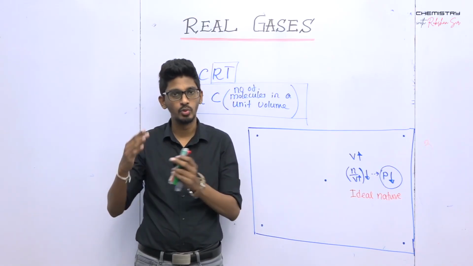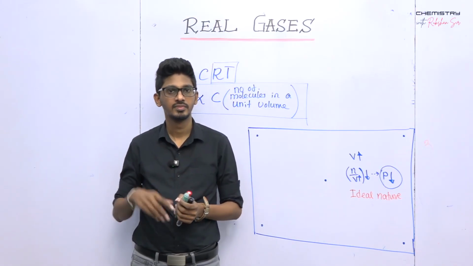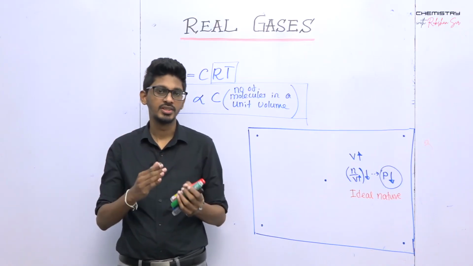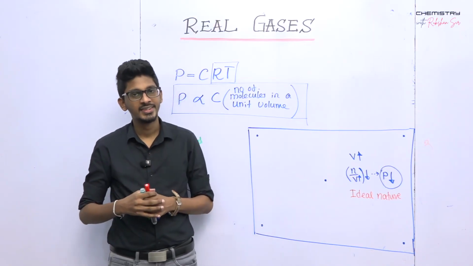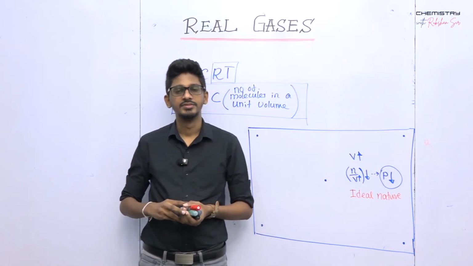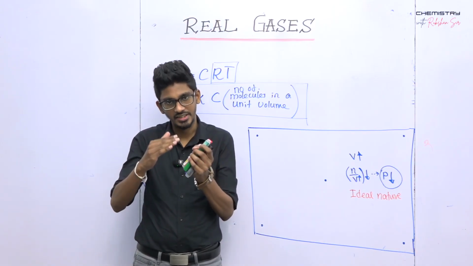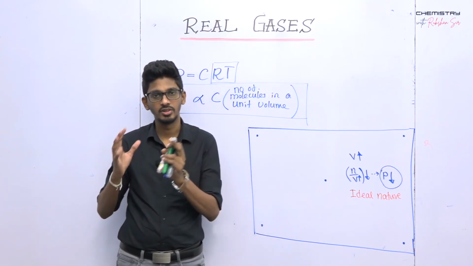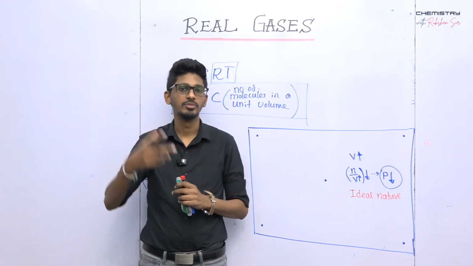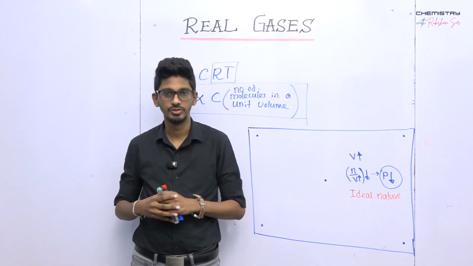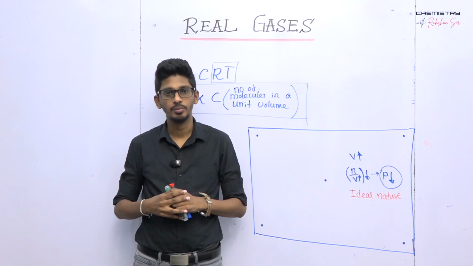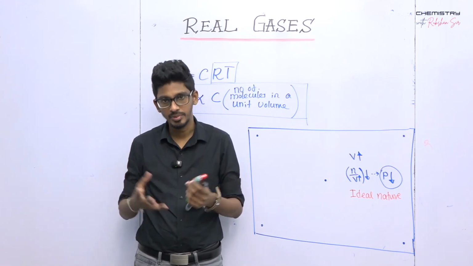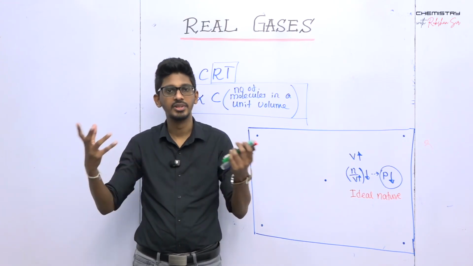We had proved that last day, right? The average kinetic energy only depends on the temperature. So temperature is a measure of kinetic energy. The higher the temperature, the higher the kinetic energy. That means your particles will move with high speeds when the temperature is high.